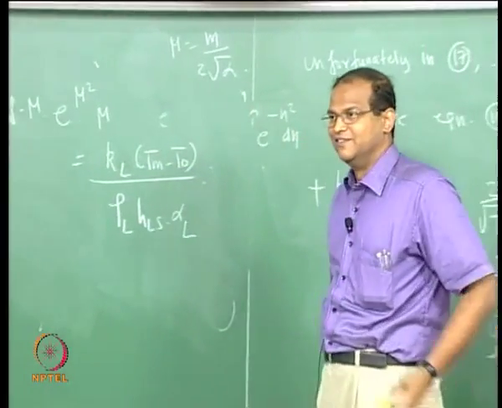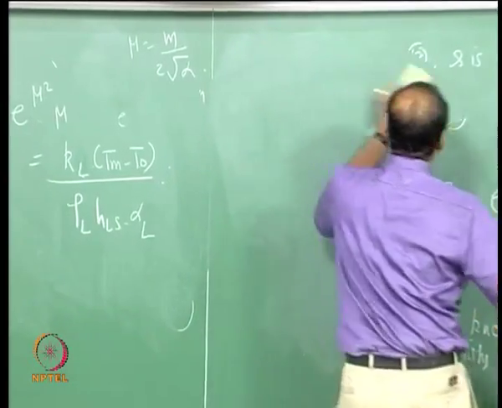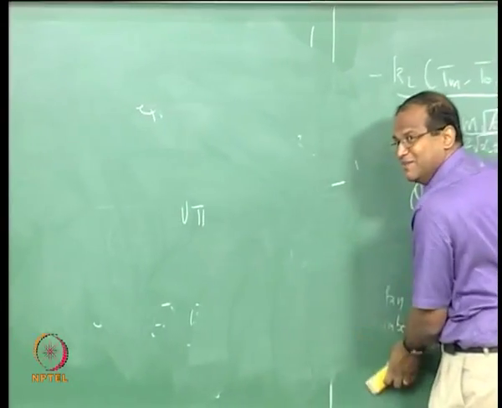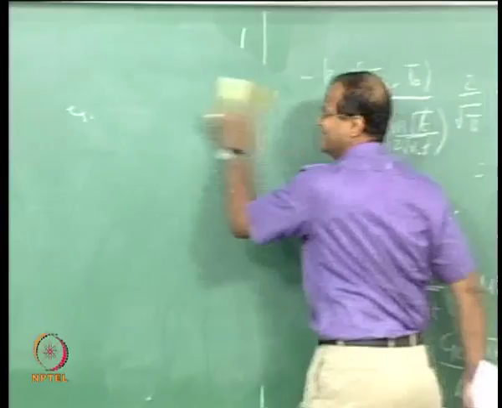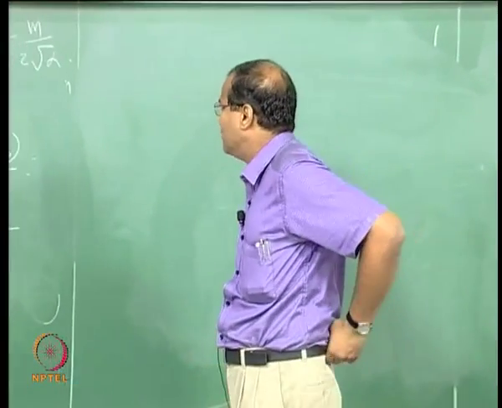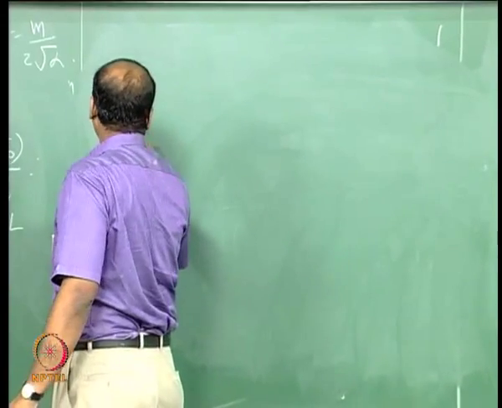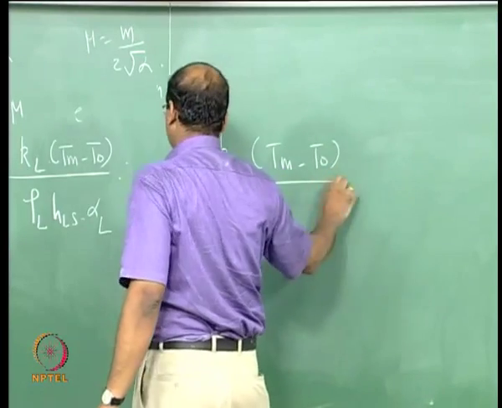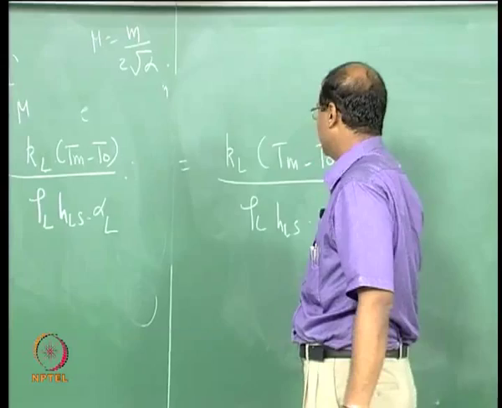So Stefan, see how much trouble he is giving. All this is in a paper. Okay. Now I have to bring the Stefan number. So easy for me, equal to KL Tm minus T naught divided by rho L HLS, alpha is KL by rho Cp.